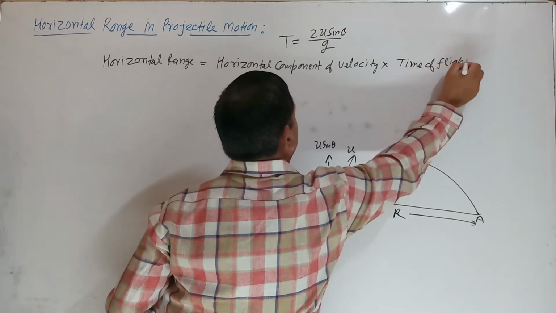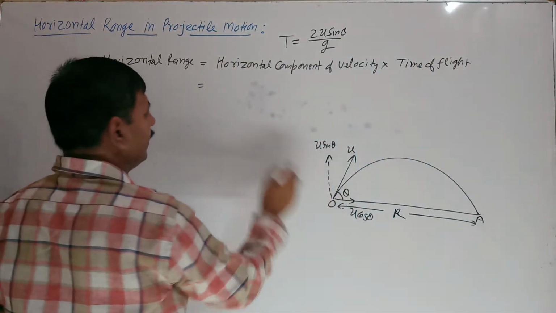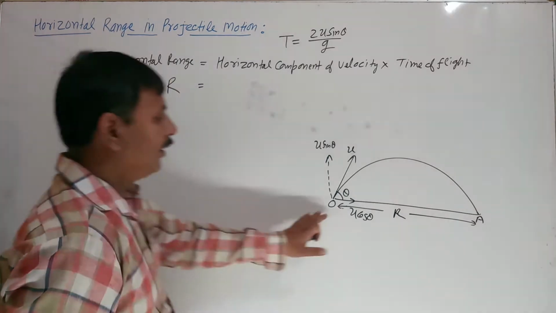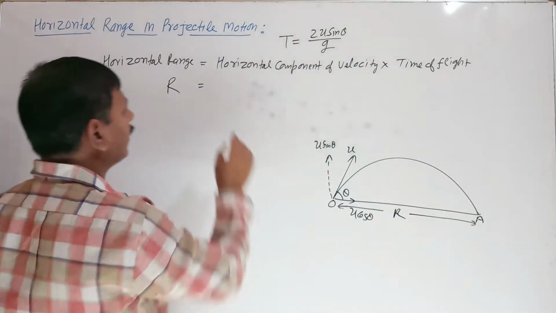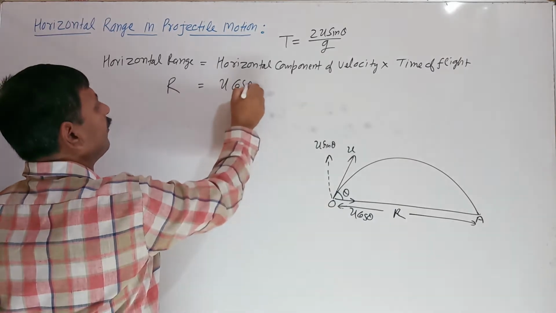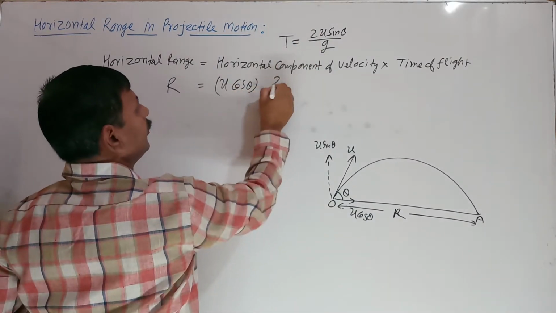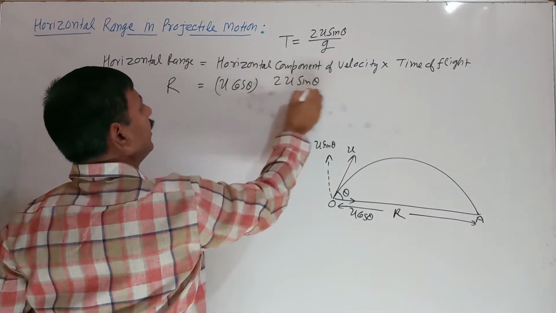So this will be the horizontal range. Here u cos theta is the horizontal component and the time of flight is 2u sin theta upon g.